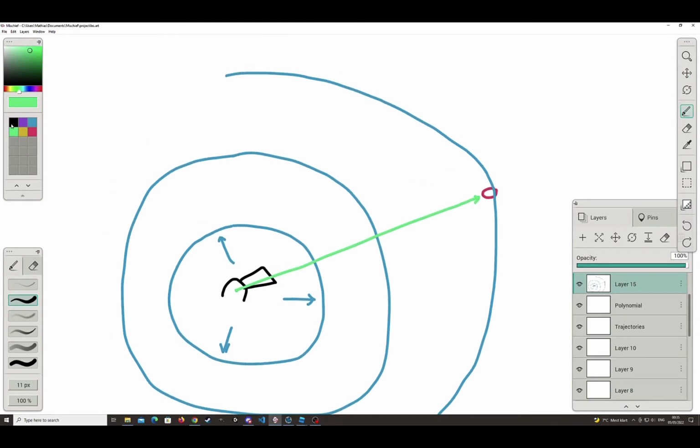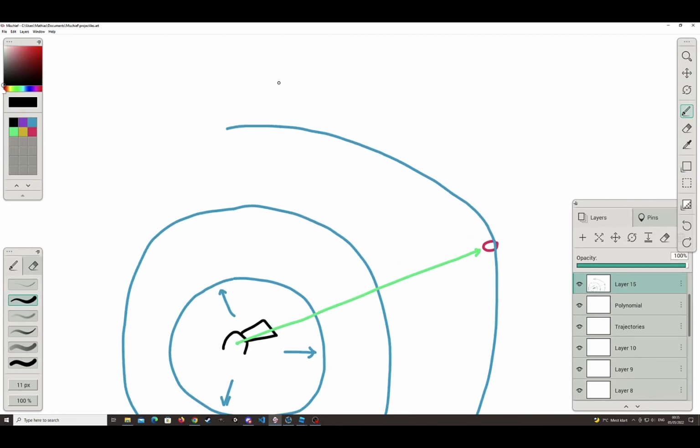So we could express this as the distance between the target and the cannon, D, would be equal to, let's say, S for the cannon's firing velocity times T.